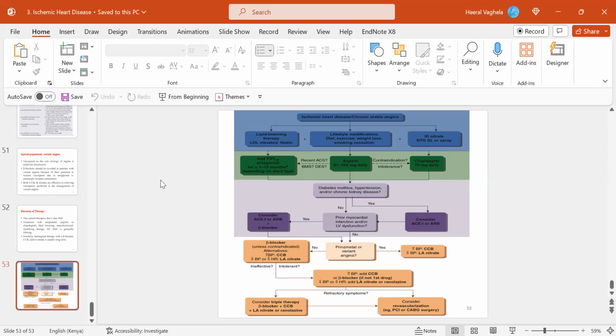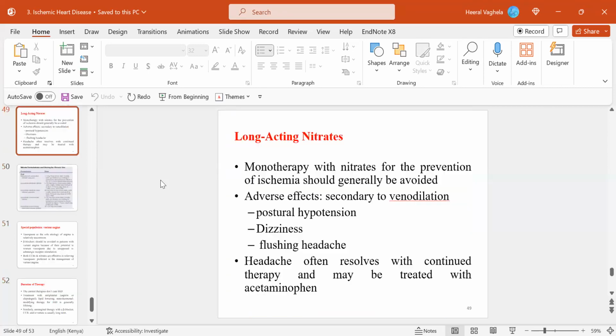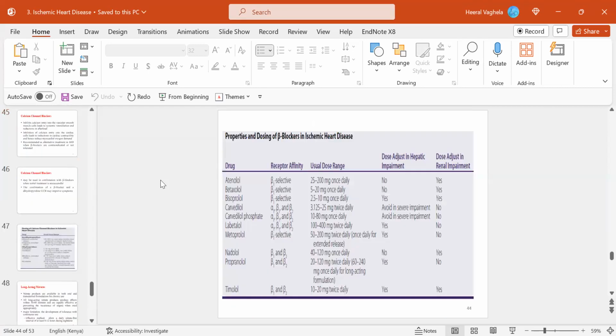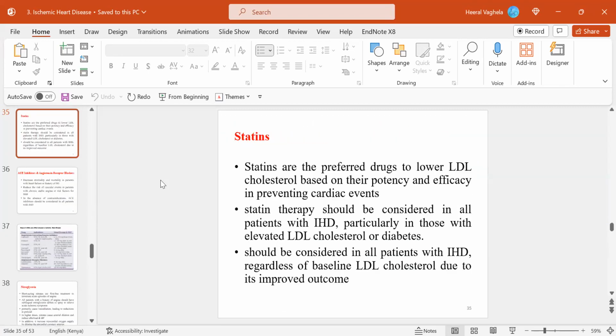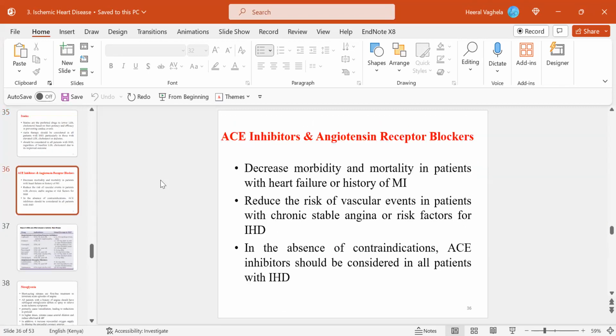Yeah, so this ACE inhibitor should be considered for all patients unless there are any contraindications.